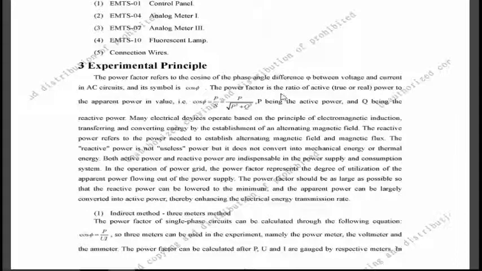The power factor is the ratio of active power, that's the real or true power, to the apparent power in value. So cos theta is equal to P over S, which is equal to P over the root of P squared plus Q squared, P being the active power and Q being the reactive power.